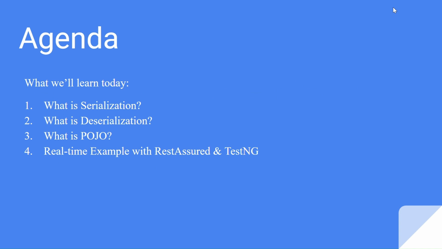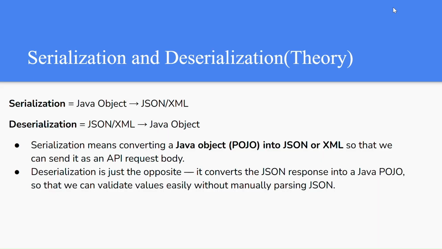So in this video, we are going to cover what serialization and deserialization are, and a real-time example with Rest Assured and TestNG. Before jumping to the code, let's quickly revise the theory. Serialization means converting a Java object into JSON or XML.